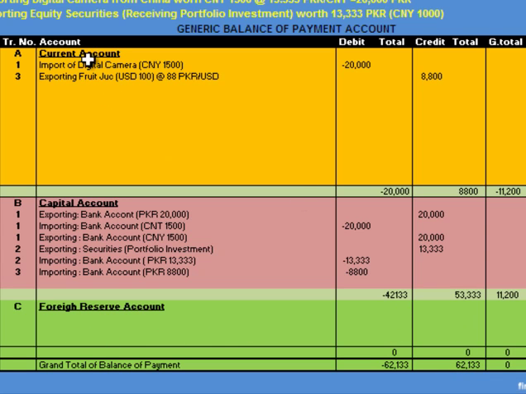So therefore, because the current account is in deficit, we can say that balance of payment has a deficit of 11,200. But what actually we are referring towards? We are referring towards the deficit of current account, which is 11,200. Now, why we call the deficit of current account as the deficit of balance of payment, and what type of transactions are recorded in foreign reserves account?